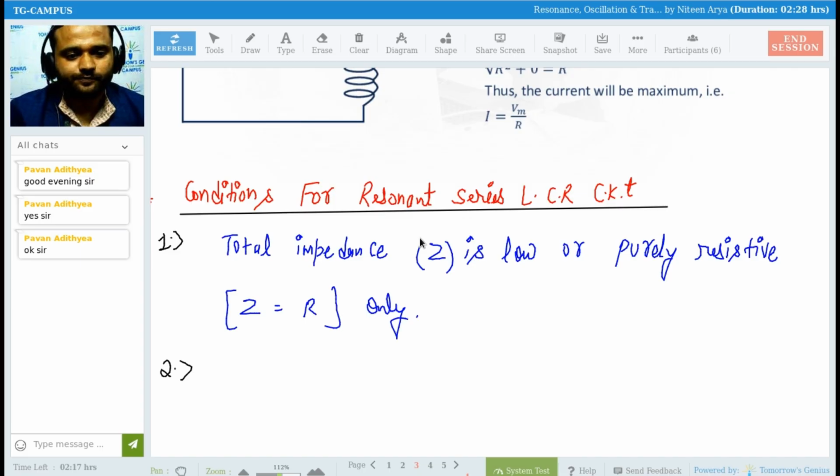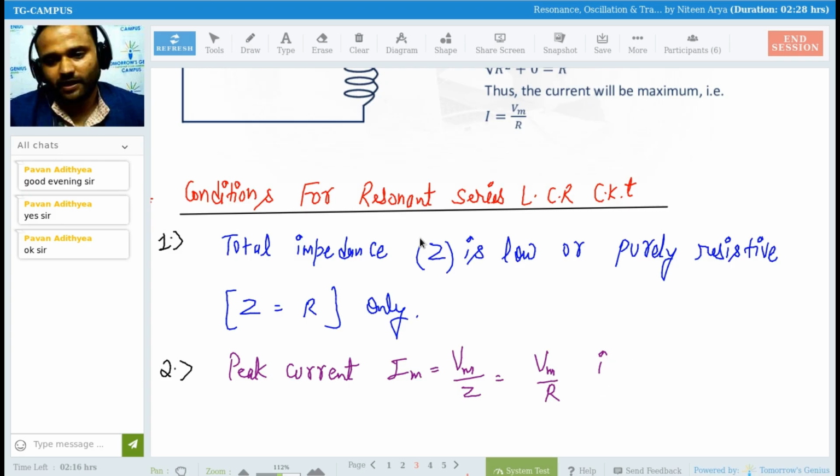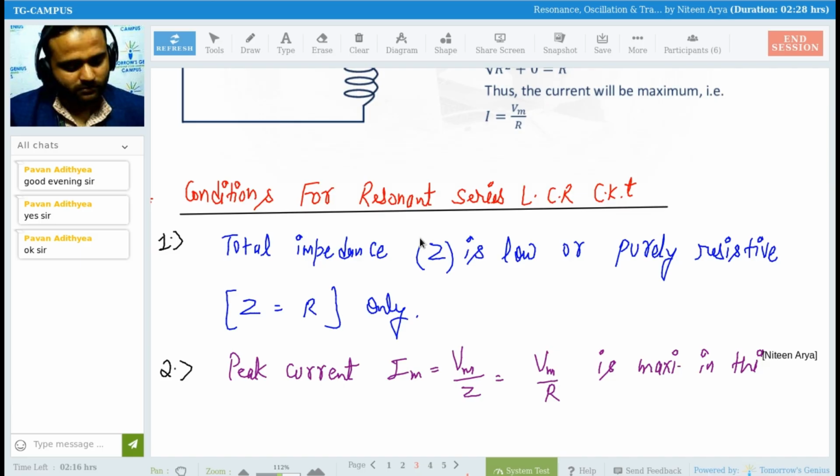The second thing is current, or you can say peak current Im, which is Vm by Z equals Vm by R, is maximum. Vm by R is maximum in this case, or you can just say maximum.